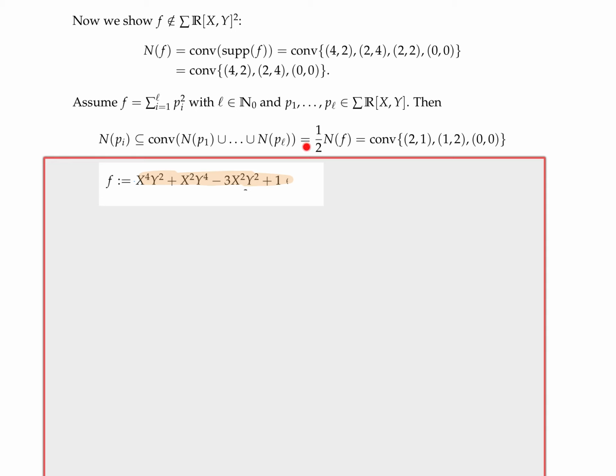But by what we have learned about the Newton polytopes of sums of squares, that's 1/2 times the Newton polytope of f, which is easily seen to be the convex hull of half of these points, right?